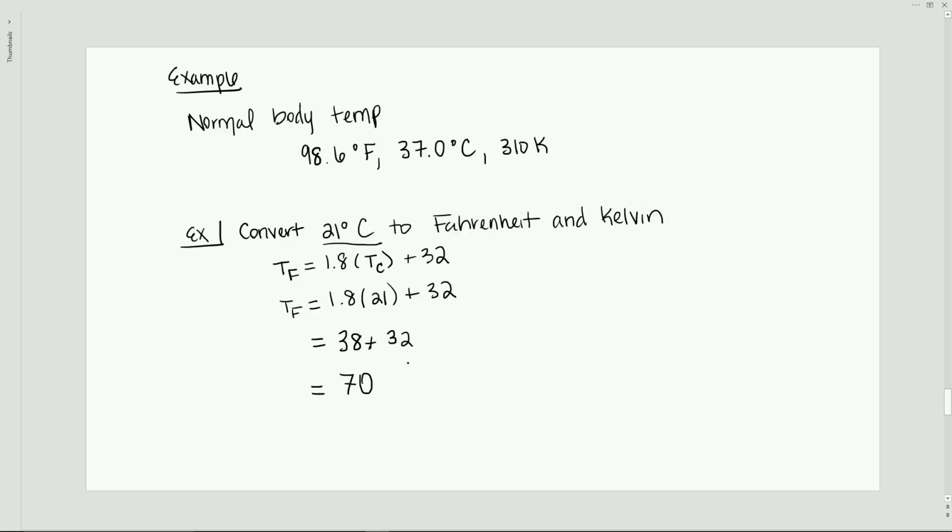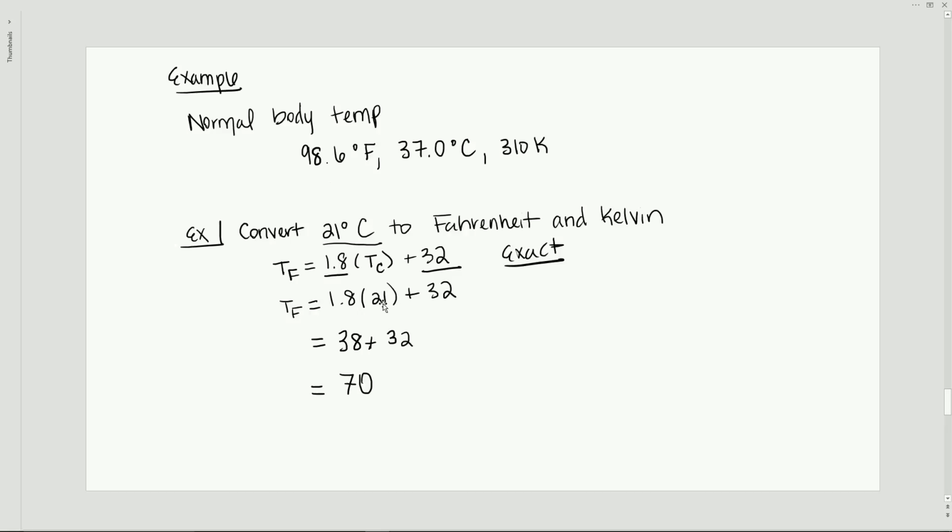So let's look at our sig figs. 1.8 and 32 are exact numbers, so those don't count towards sig figs. We started with 21, and that number is really what determines our sig figs. So 21 times 1.8, we would use two significant figures. That would be these two significant figures here. And now we need to look at the decimal places.